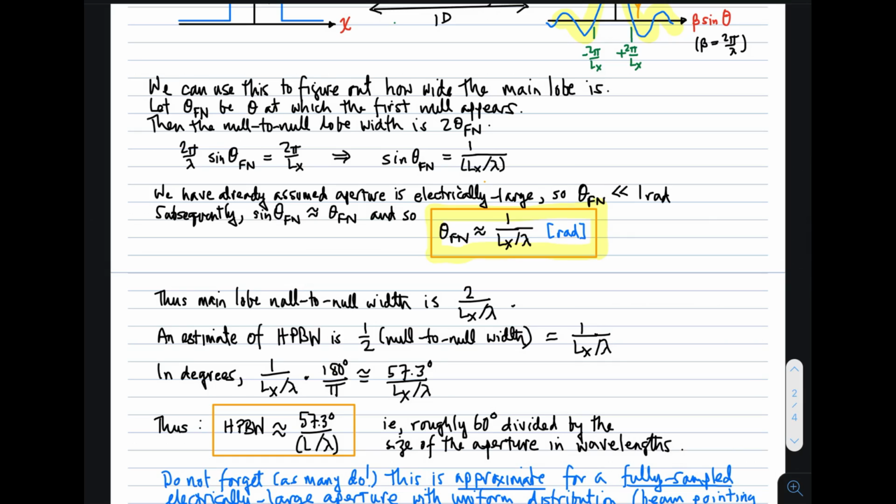So then with some additional relatively gentle approximations, we end up with an expression for half-power beam width being roughly 57.3 divided by the electrical length in wavelengths for that plane. Or you might say it's 60 degrees divided by the size of the aperture in wavelengths. Very convenient expression to know.